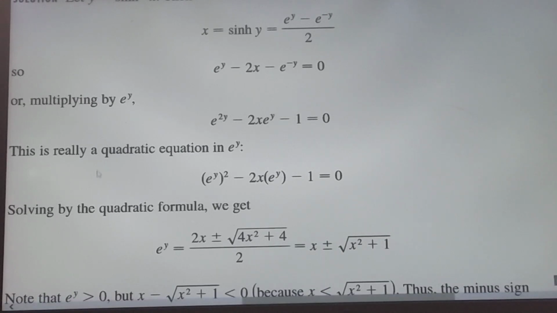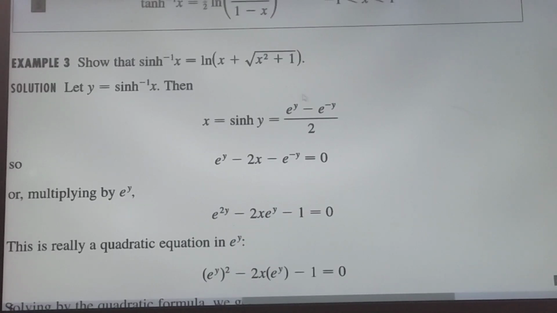So from here, once you push everything to the left hand side, remember your x is equal to sinh y, and your x is equal to e to the power y minus e to the power negative y over 2. That is my x.